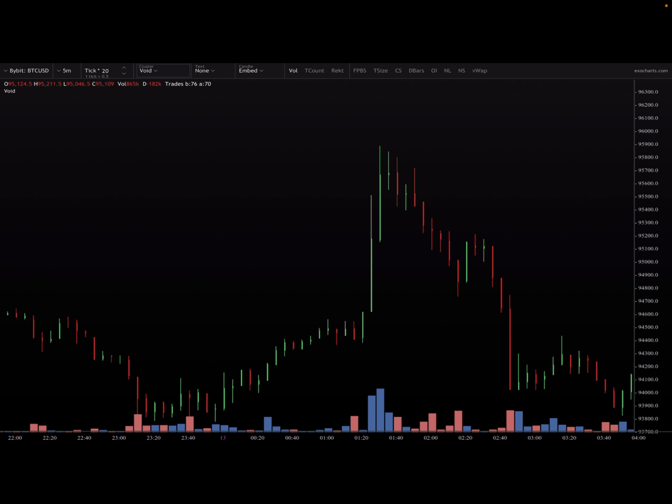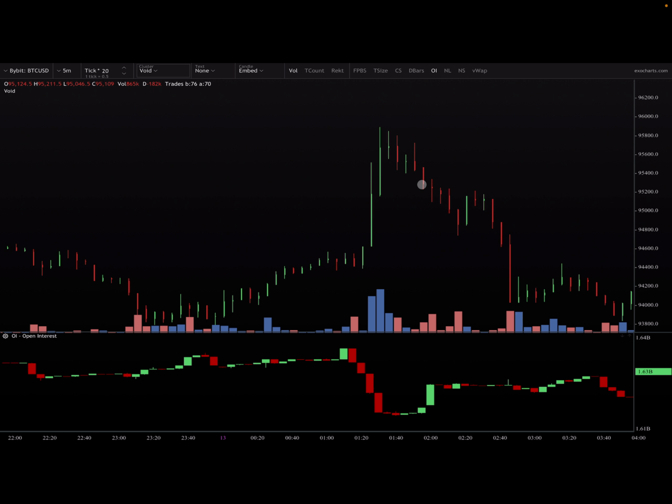Here you can see a price action from 94,700 to 95,900, and you're seeing the volume go up during this move. So if you're just using volume as a tool that you rely on, you might think to yourself, well, the price is going higher, so this must be a strong move. Well, if you just look at the open interest, you'll see that that's not the case.